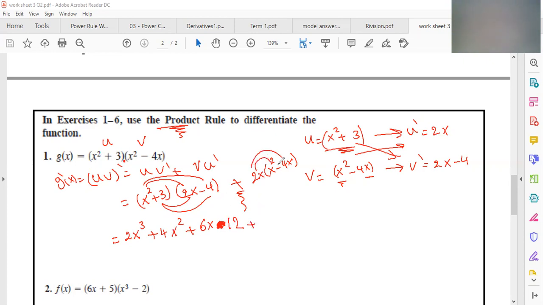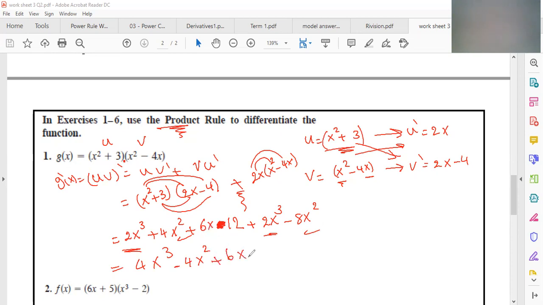Multiply here and here. It will be 2x to power 3, negative 8. I know all of you know how to multiply any algebraic term. Add the like terms. It will be 4x to power 3. At this one, the like terms will be 4x squared minus 8. It will be minus 4x squared, I think, right?